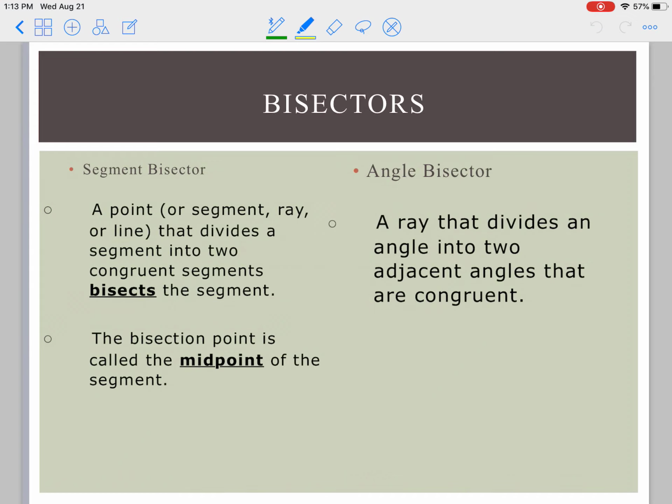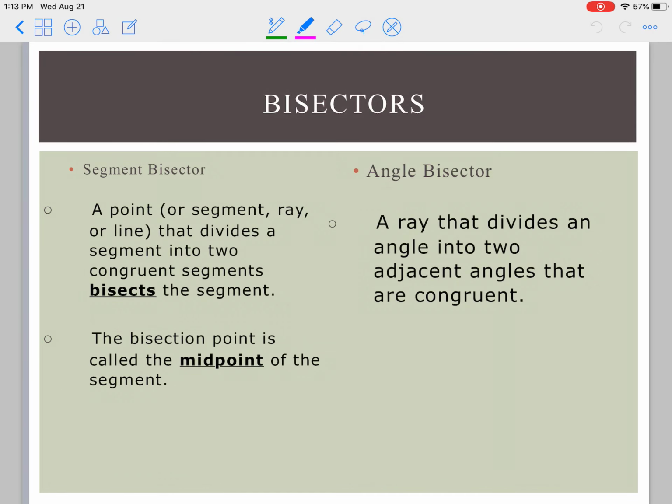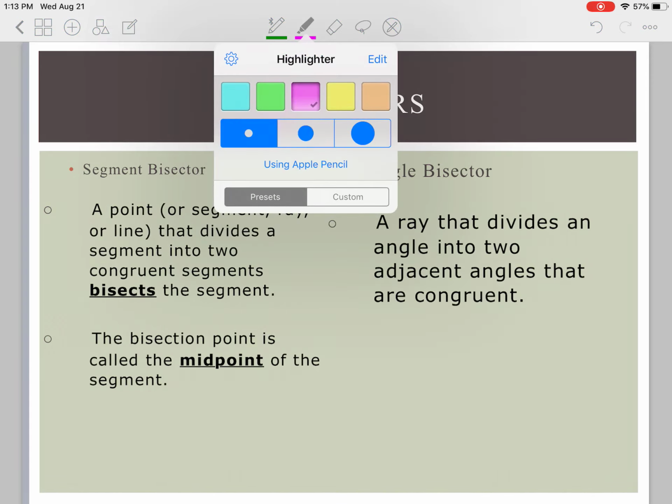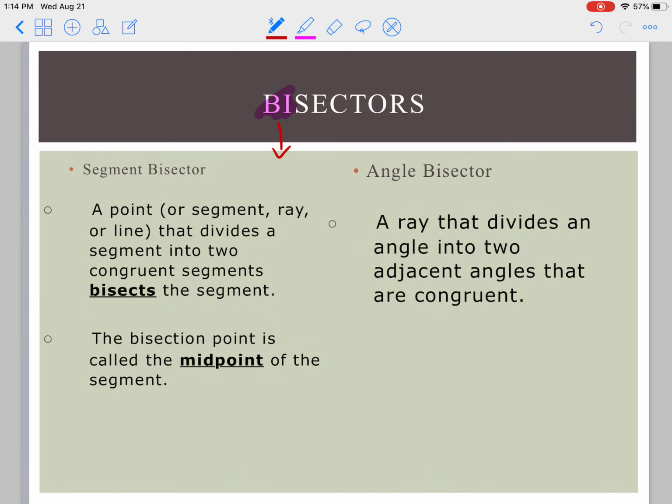So bisectors. When we look at bisectors, the first thing that I want to, in this case, literally highlight is bi. Now when we talk about bi, we see bicycle. Think about a bicycle. How many wheels does a bicycle have? It has 2 wheels. So anytime that you see this in reference to geometry, and actually in other areas of vocabulary, think 2.